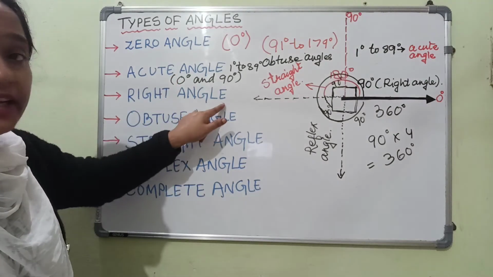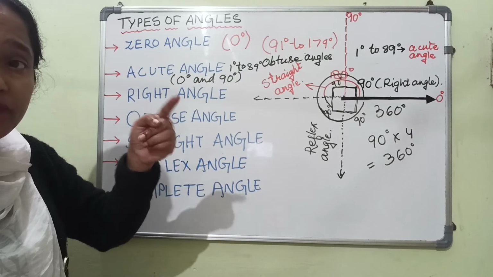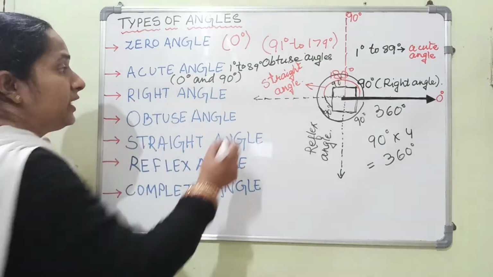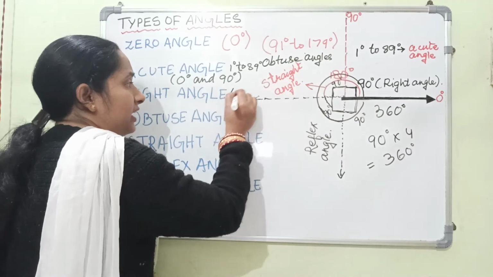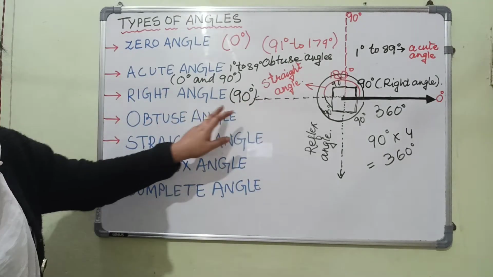And what is a right angle? When the arms of the angle are in an L shape, then the measurement of the angle will be 90 degrees, which is called a right angle.